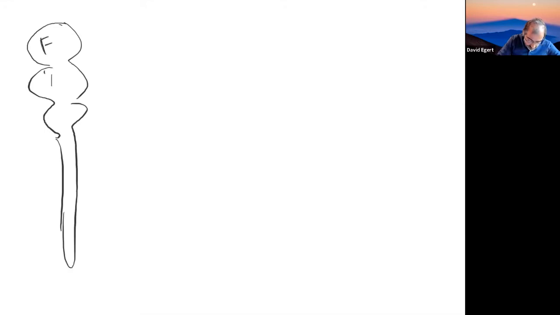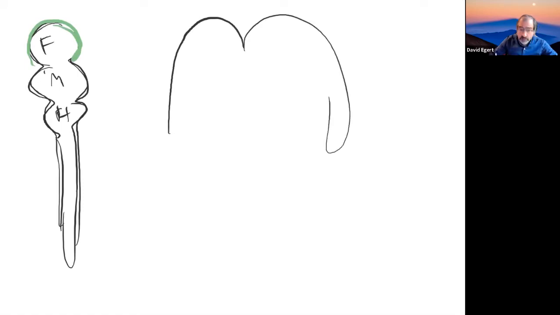So again, we had forebrain, midbrain, hindbrain from our little dorsal hollow neural tube. And again, this part here, that forebrain, ultimately became these. What I'm doing now is a coronal section. A coronal section is like if I cut through this way and your face fell off, right?